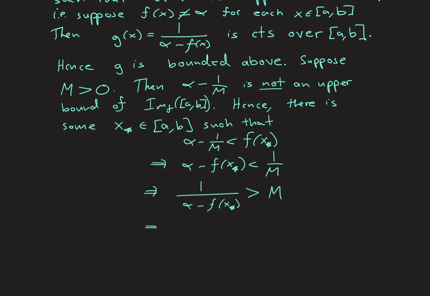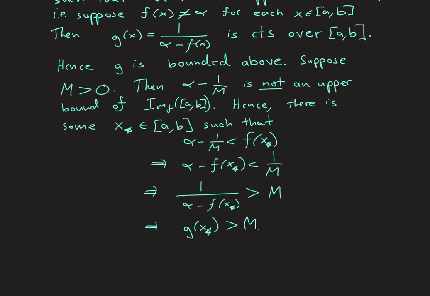Oh, but shoot, that's a problem because that tells us that g is bigger than m. But that's a problem because m was arbitrary. I grabbed a random positive number and showed that g was bigger than that positive number.